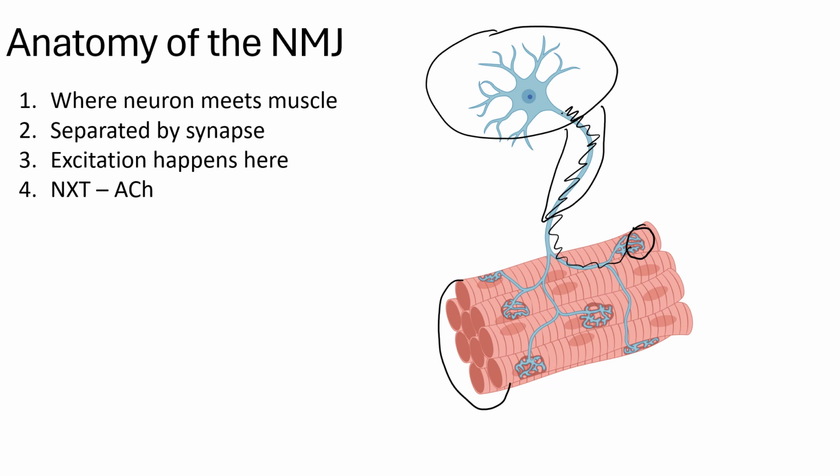These molecules, basically, they span the synapse and they're like, hey, excite. Molecules that are capable of traveling across a synapse between neurons and muscles are called neurotransmitters. I encourage you to use this abbreviation NXT in your notes to stand for neurotransmitters. We will see them again when we talk about neuron to neuron communication.